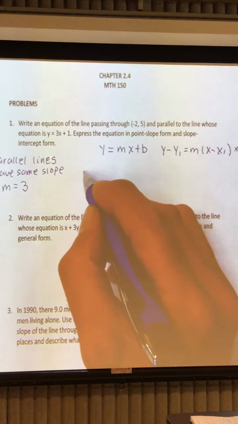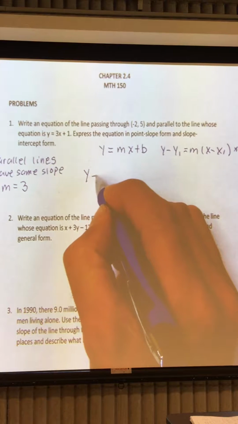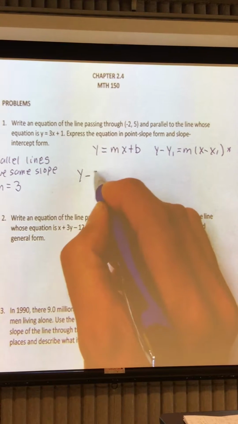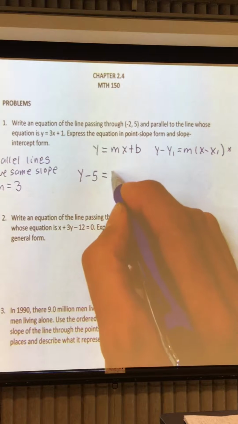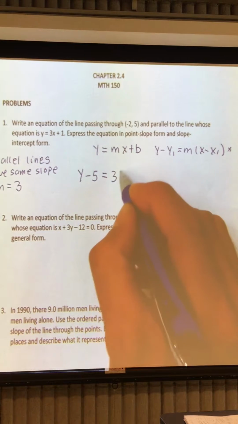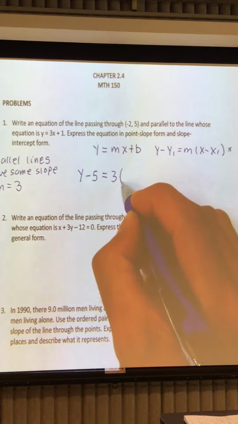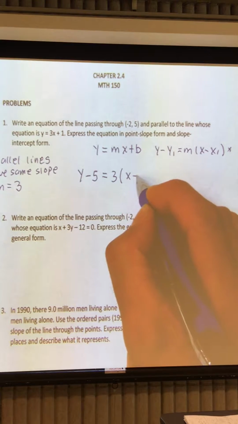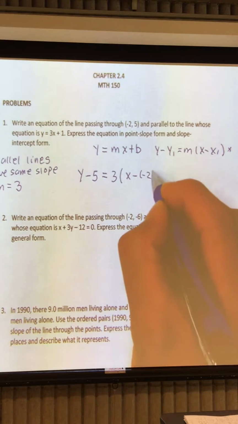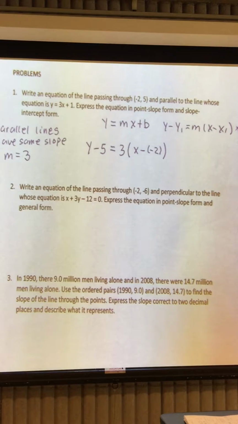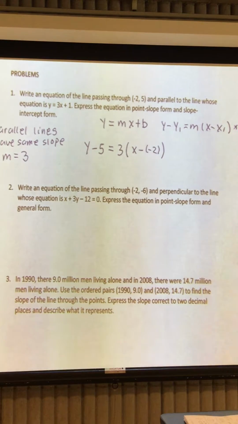So we'll substitute all that in. y minus the y value, 5, equals the slope of our line, which must be 3 since it's parallel to the other line, times the variable x minus the x coordinate of negative 2. And that is our point slope equation of the line.